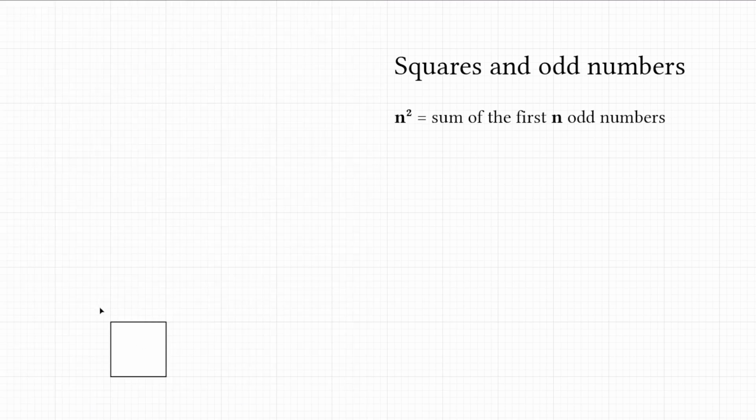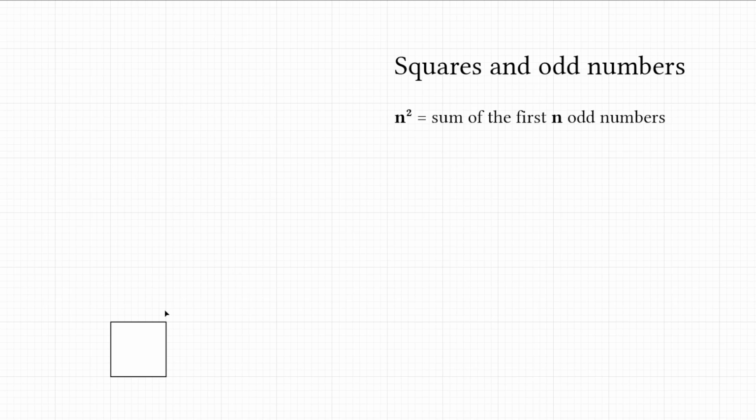And I will illustrate this reason with this visual trick. I will start from a 1 by 1 square, also known as the unit square right here, and I will make bigger and bigger squares of natural numbers. So now I have to build a 2 by 2 square.